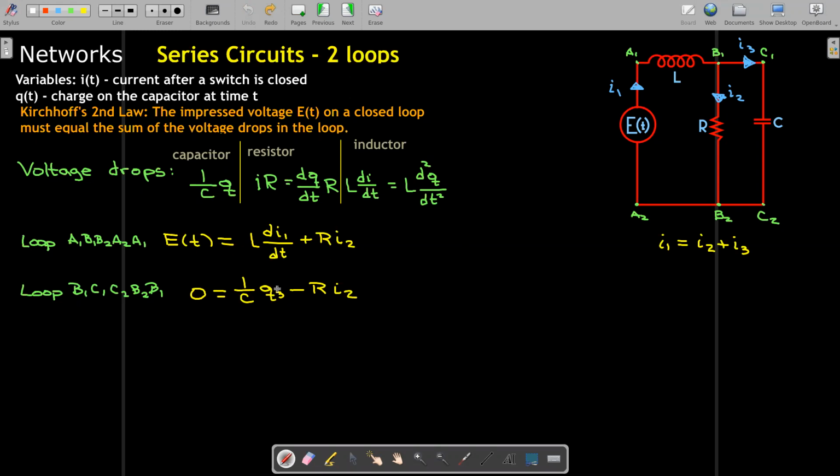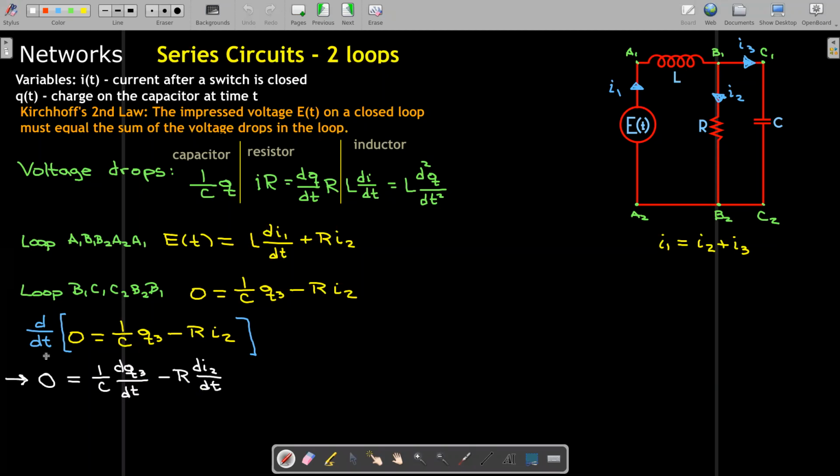All right, so I need to handle this issue with the capacitor, which only involves the charge. But if I take the derivative of the charge with respect to time, I will get the current. So what I'll do is take the derivative with respect to time of both sides, all terms. Derivative of 0 is still 0. Here I'll get the derivative of q sub 3 with respect to time, and then here I'd get the derivative of I sub 2 with respect to time.